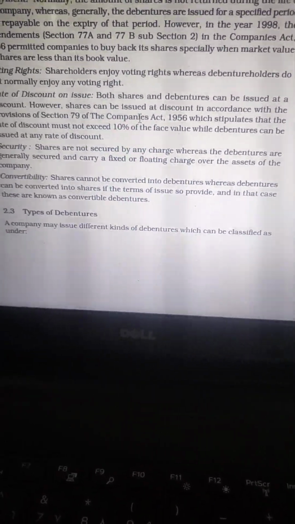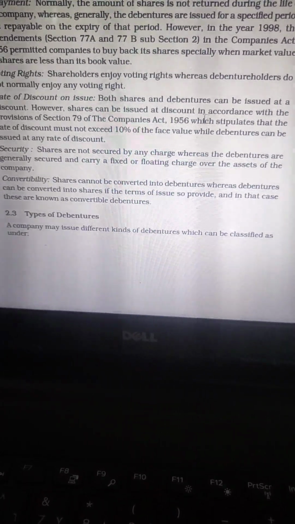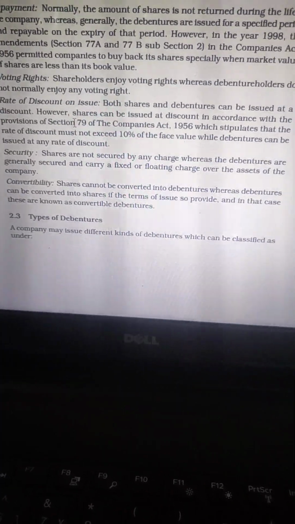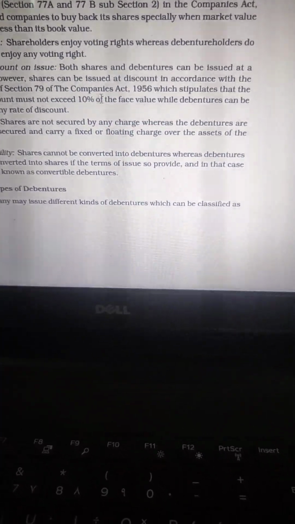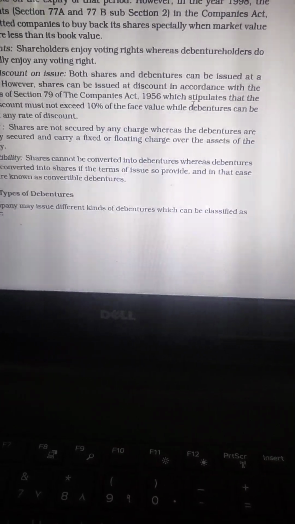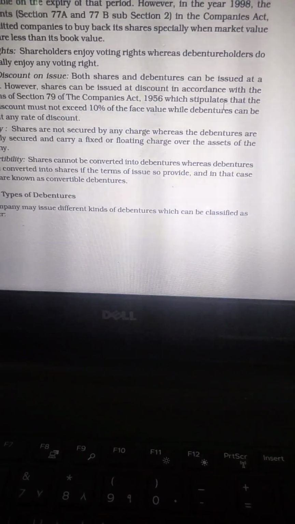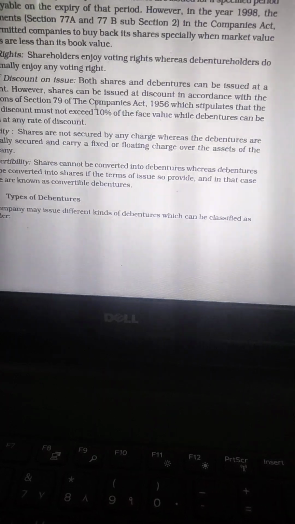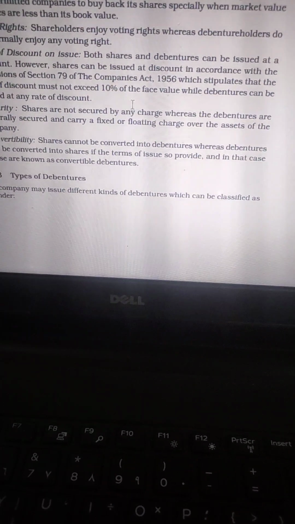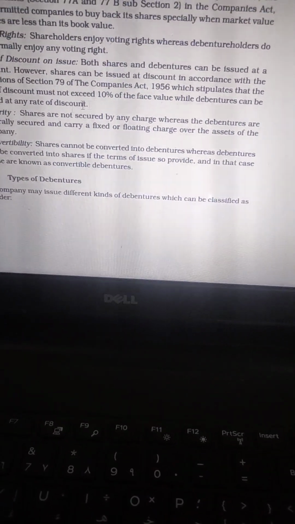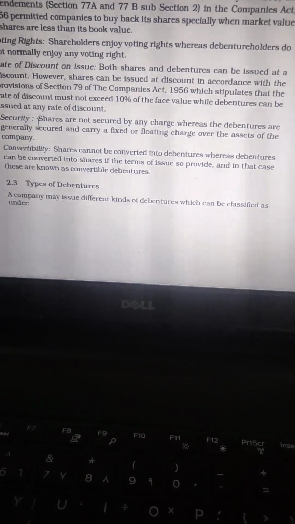However, shares can be issued at a discount only in accordance with the provisions of section 79 of the Companies Act 1956, which states that the rate of discount must not exceed 10% of the face value. Face value means original value, while debentures can be issued at any rate of discount.